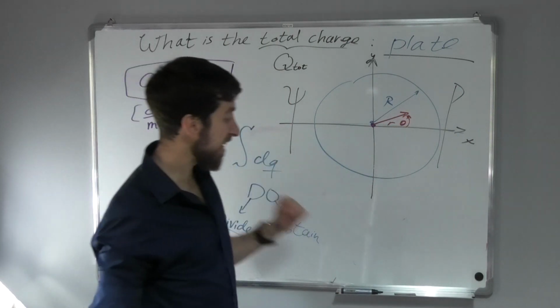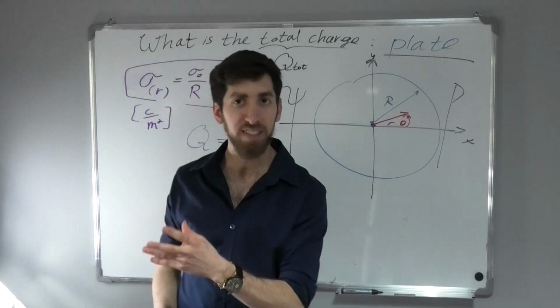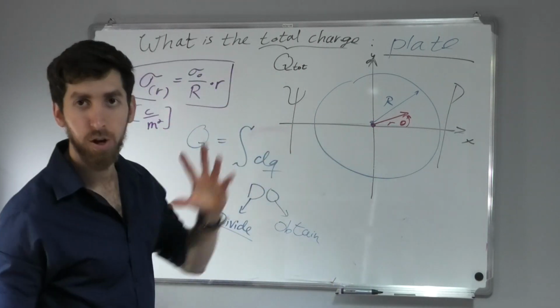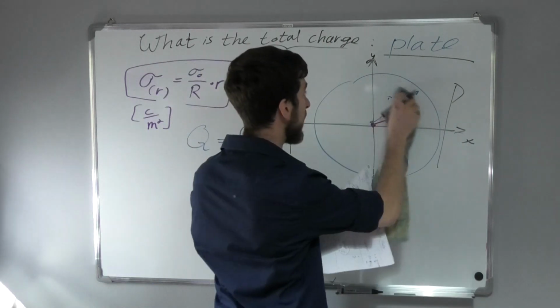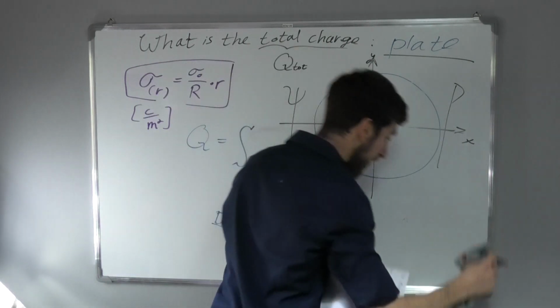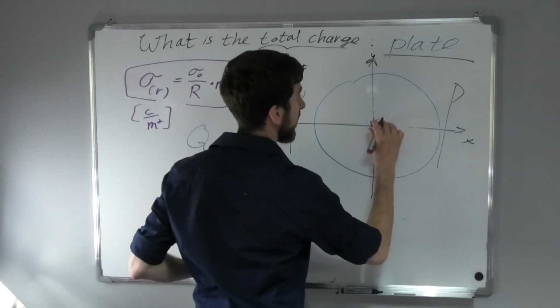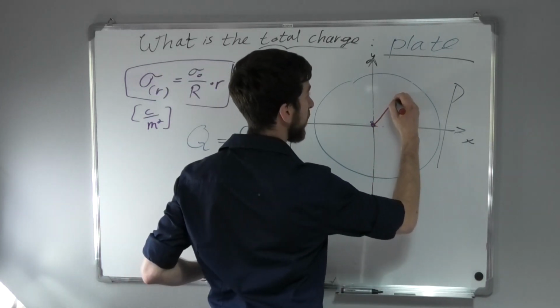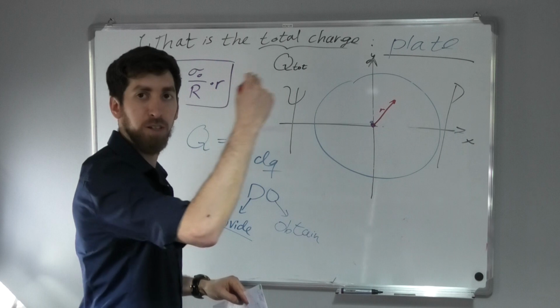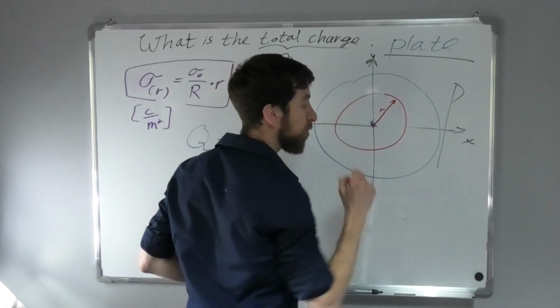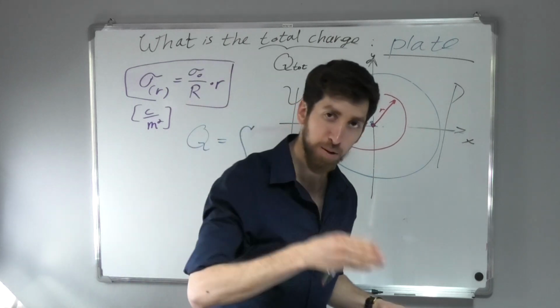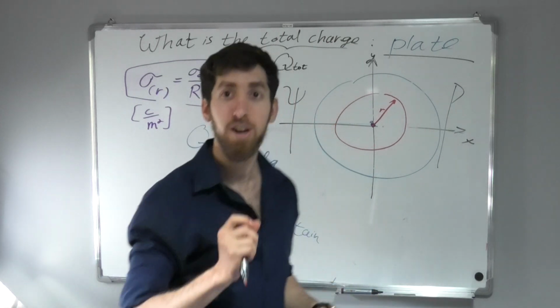Now let's use r and theta to describe the chunks of this plate. Allow me to clean it up a little bit. Think of this r coordinate: I actually draw a circle. This reminds me of when you cut a salad, with cucumber, tomato, and onion.